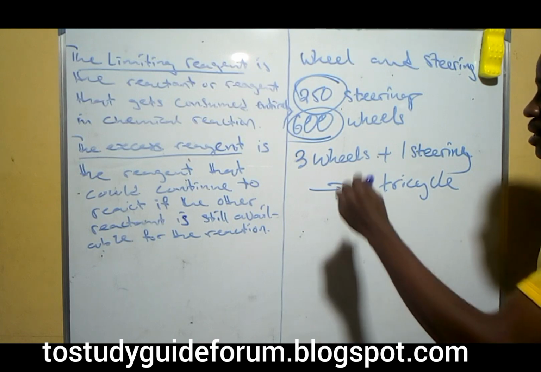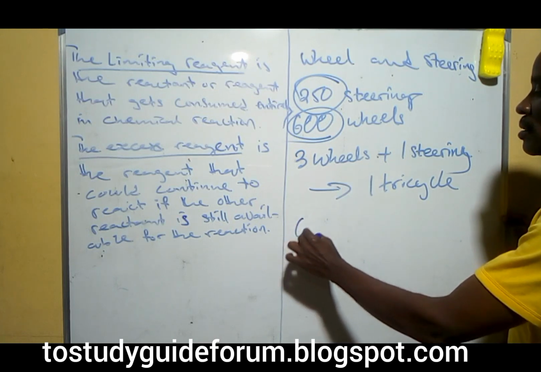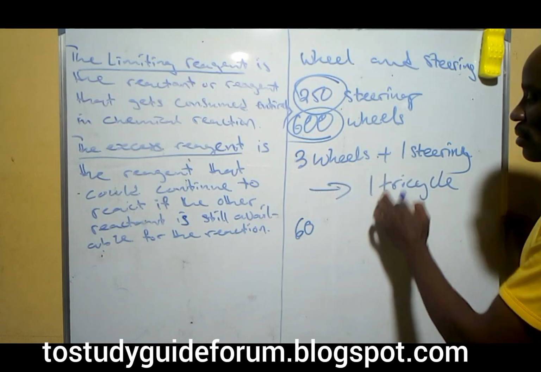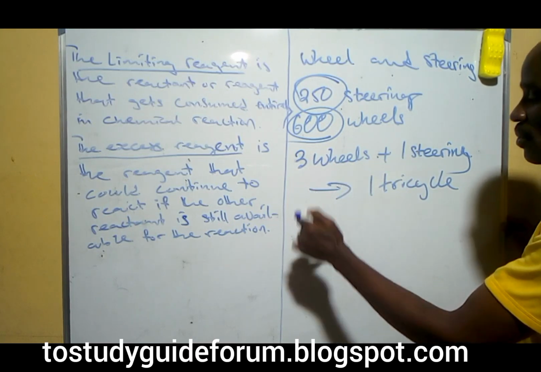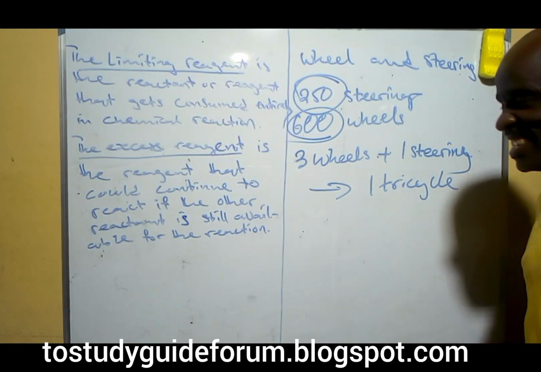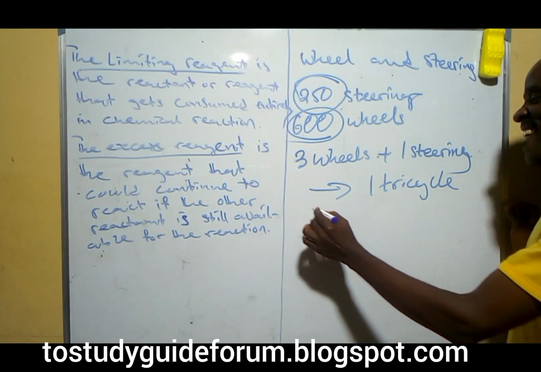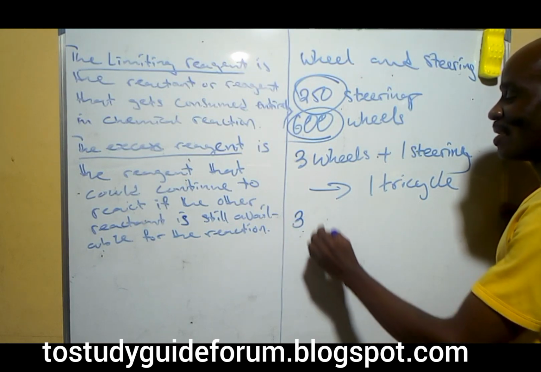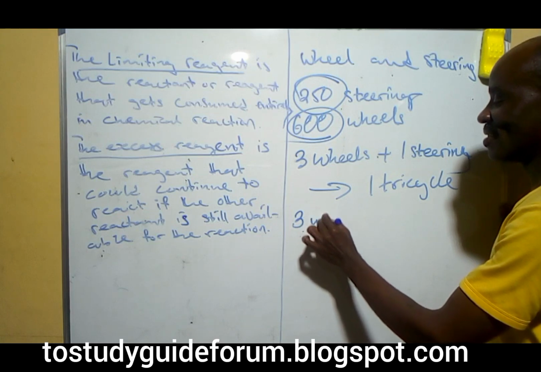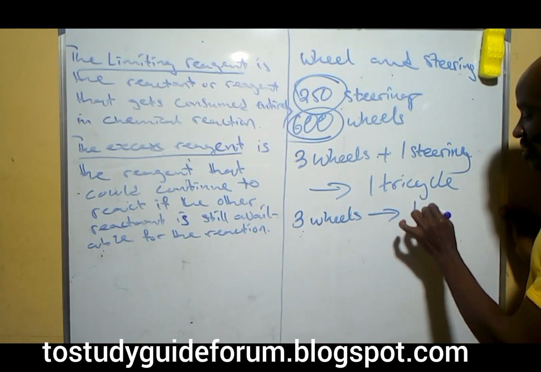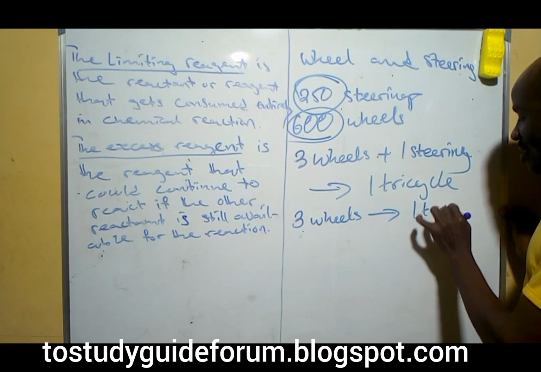Since we have 600 wheels, from our stoichiometric ratio, as we know in a chemical reaction, 3 wheels will give us one tricycle.